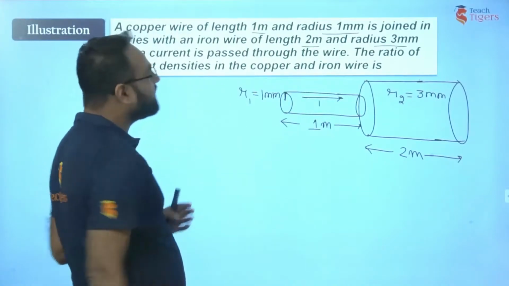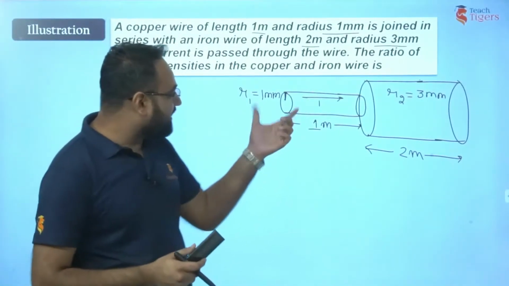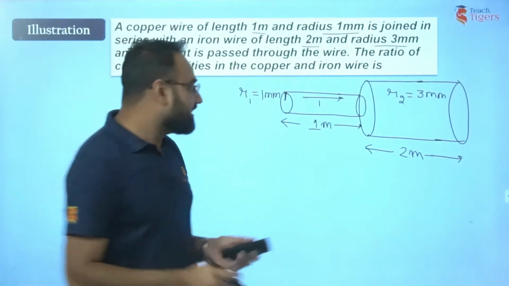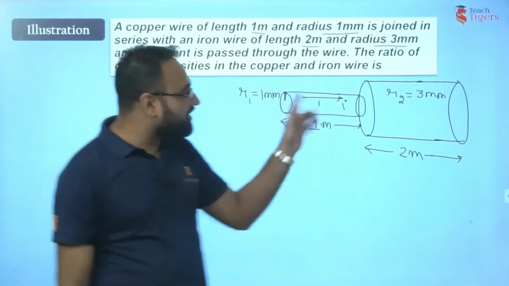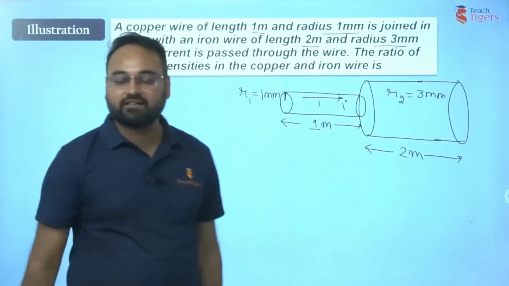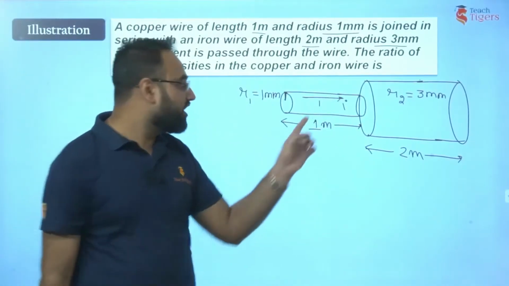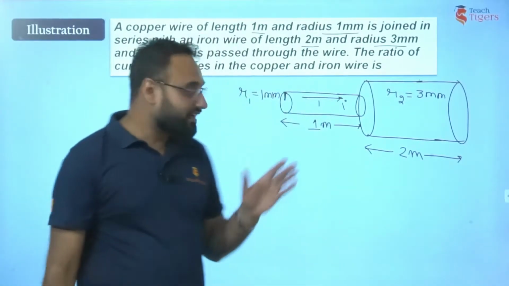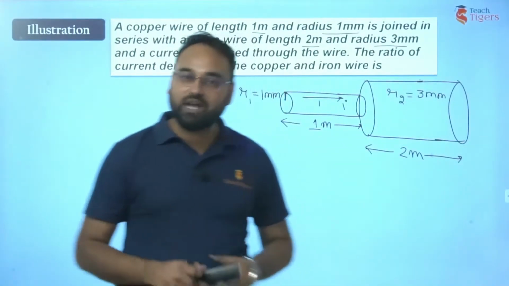The ratio of current densities in the copper and the iron wire is? Like we discussed in our previous lecture, if a current I is passing through this wire, the same current is going to enter into this wire. That means this cross-section area is not at all going to change the current. If current I is going through this wire, the same current I will enter into this wire.